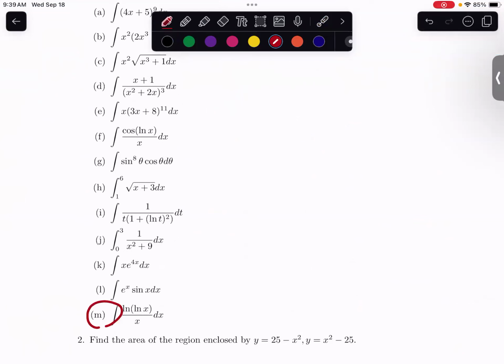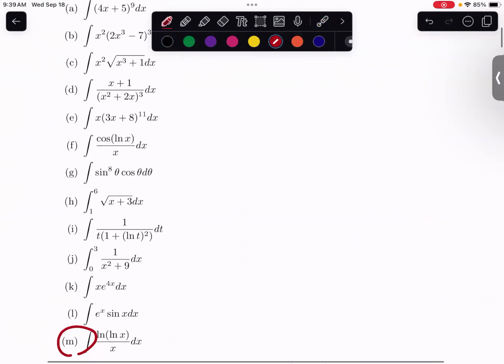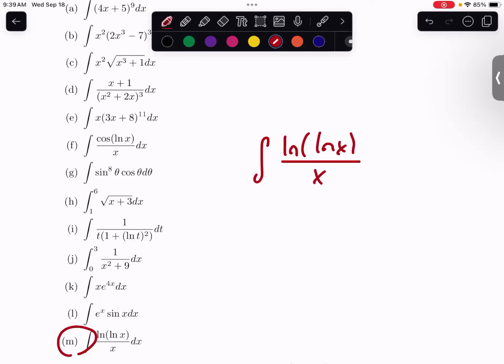Let's do M. For M, this is probably the trickiest integral on the review. We have the integral of the natural log of x over x dx. This is similar to a problem we did in the group work yesterday, where you want to do a u substitution before you do an integration by parts.